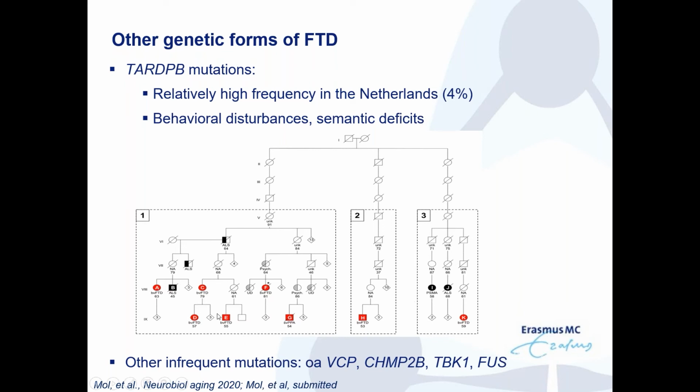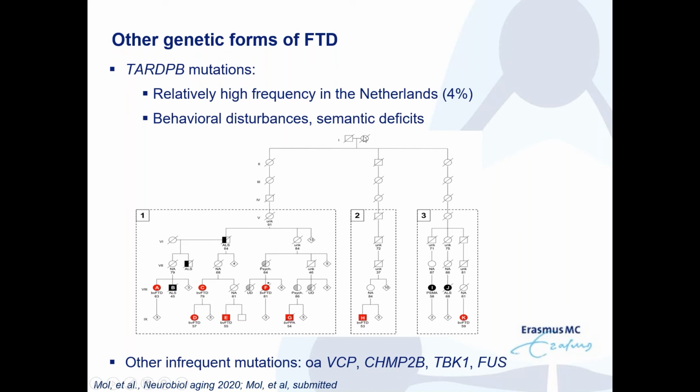Here is a pedigree of this Dutch family, and although all these persons came to us individually without a known family relation between them, through genealogical research, we found that they are all related.